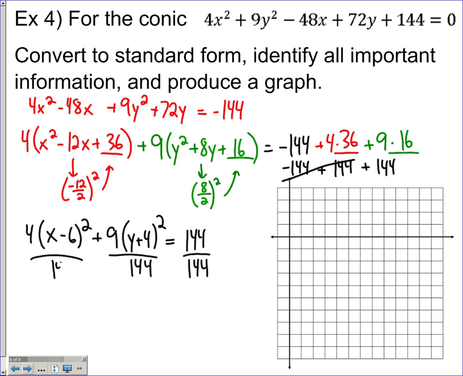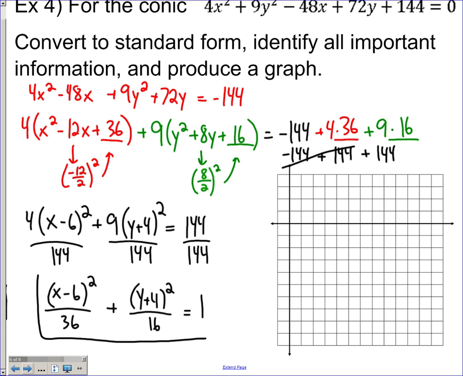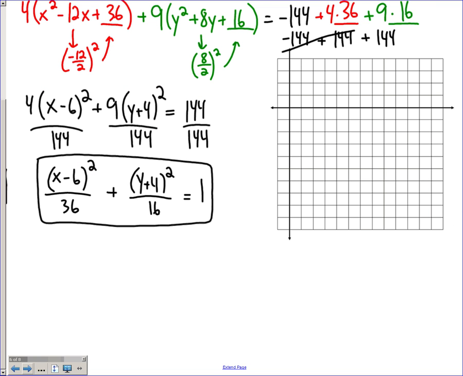So a little bit of reducing here is necessary. 4 over 144 is going to give us 1 over 36. So (x − 6)² over 36 plus (y + 4)² over 16 is equal to 1. All right, there's our final equation.